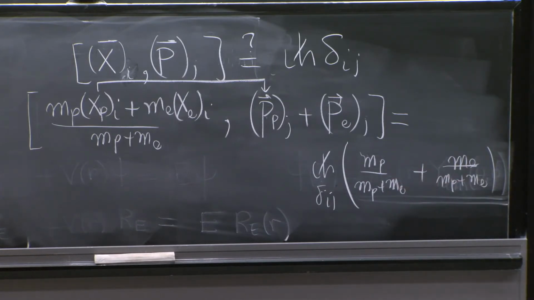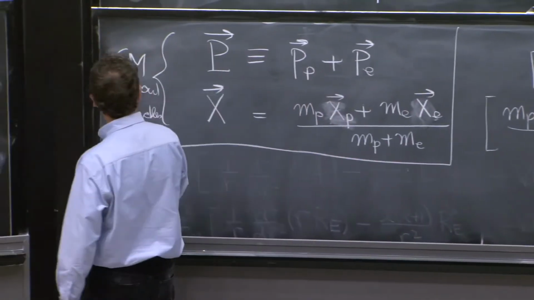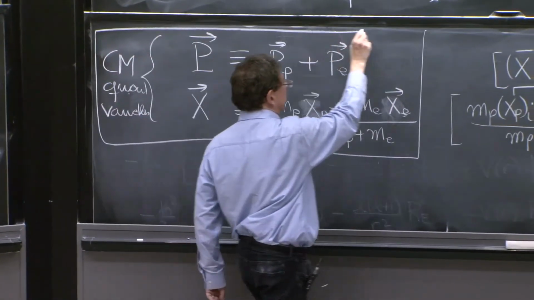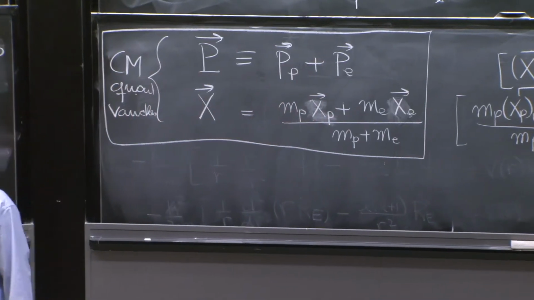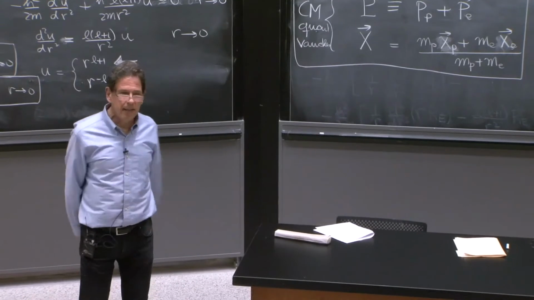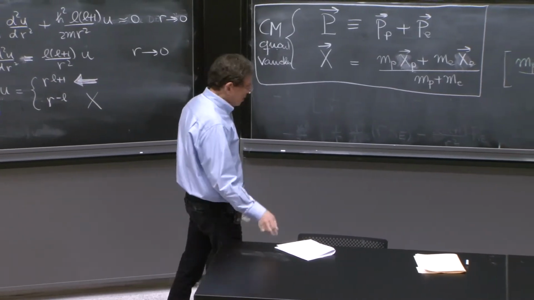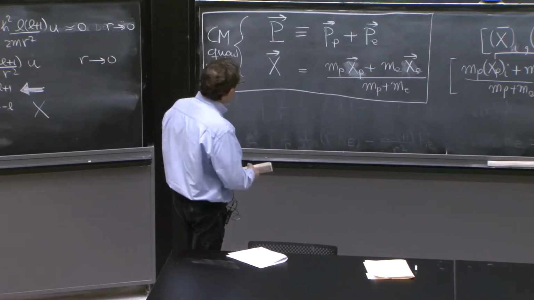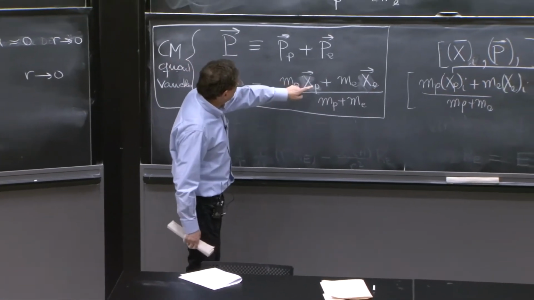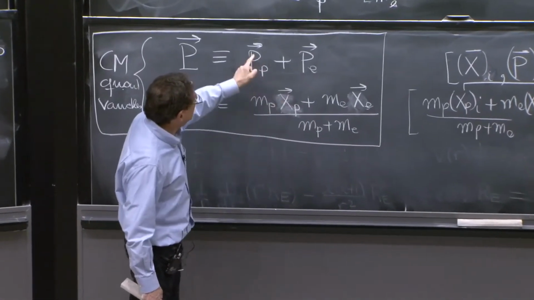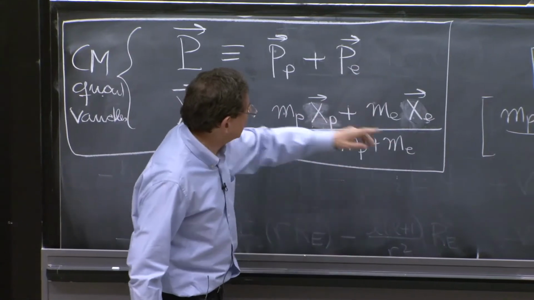So yes, we can box this. This is a pair of quantum mechanical canonical variables. They have the right commutator. They have the right units, the right commutator, the right everything. So next time when you see this, you will say X with P. You say X_P with P is 1, X_E with P is 1, M_P plus M_E 1.